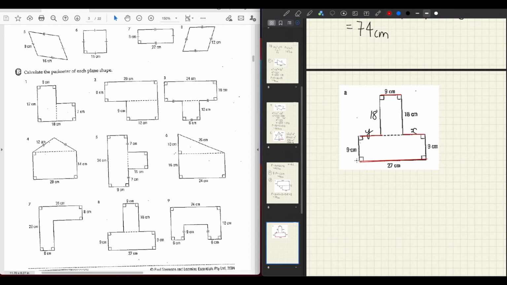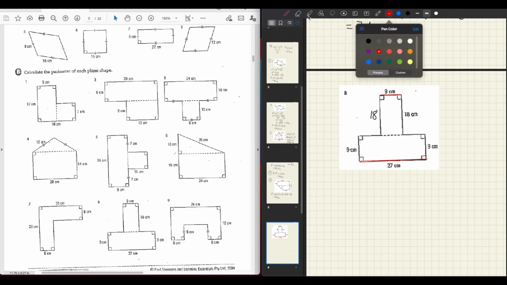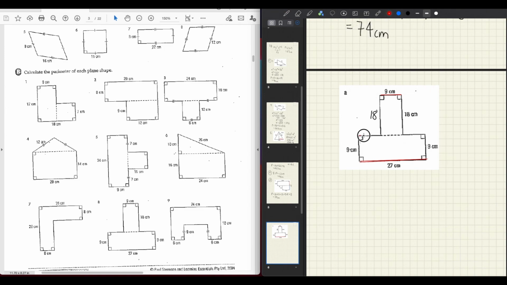Because this side is equal to those 3 sides when combined. So with that in mind, when it comes to adding up the sides to find the perimeter of the shape, we don't need to include these 3 sides. We can just assume that these 3 sides add up to 27, right?